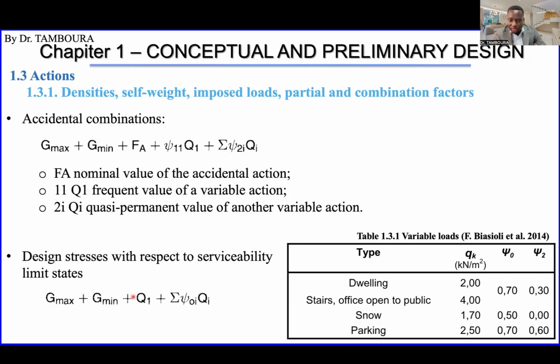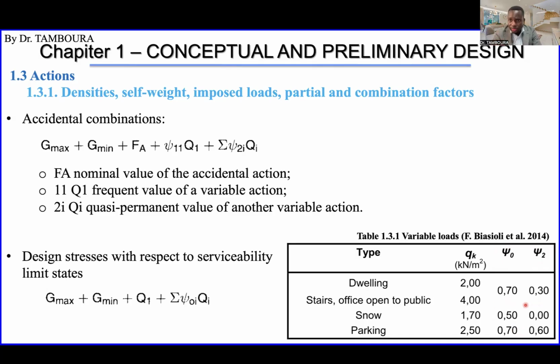So in the case of the serviceability limit state, we don't have partial factors. We just have the nominal value of the action or load. And this one is the one here again. So all this is just to tell you why we need these combination factors.